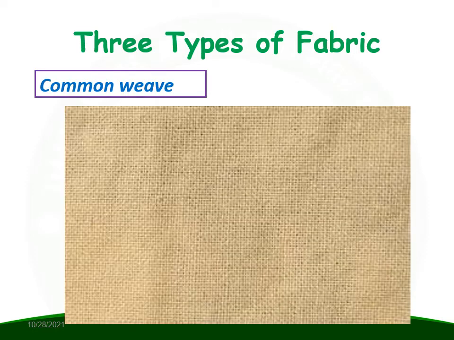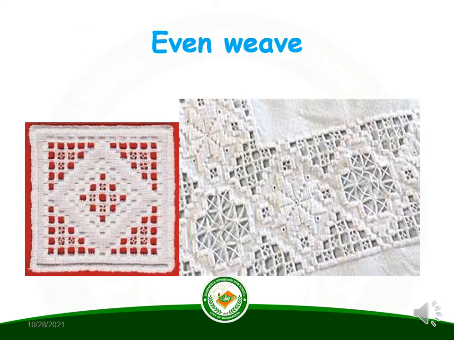These are the tightly woven fabrics with relatively smooth surface like linen, wool, and cotton. They are best used for articles with decorative stitches. Even weave. Even weave are intended for hardanger embroidery.